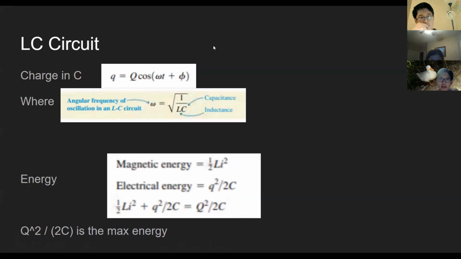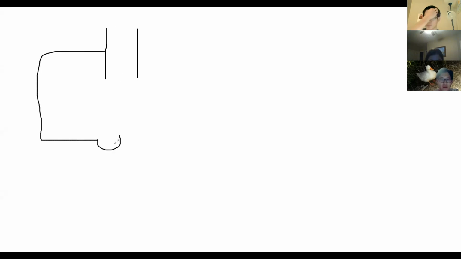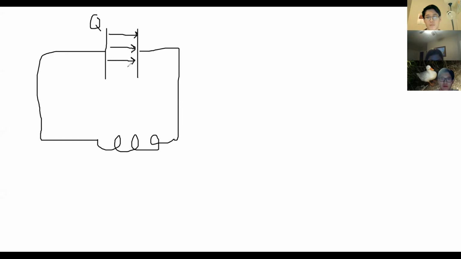Because of what's happening with energy, I'm going to share my whiteboard again. Basically, let's say initially all the charge was in the capacitor, so all the energy is in the electric field between the capacitor plates, and the inductor has no field. It has nothing.